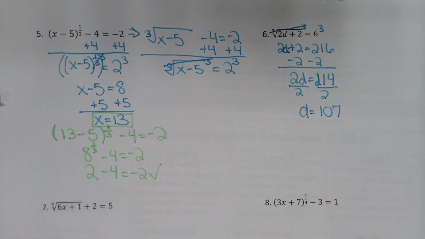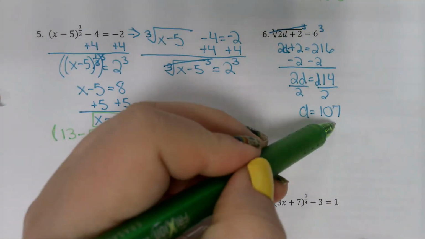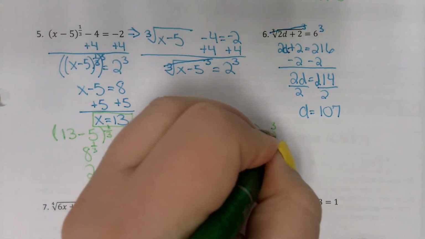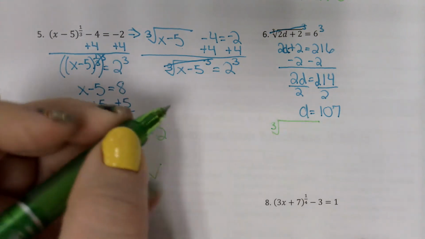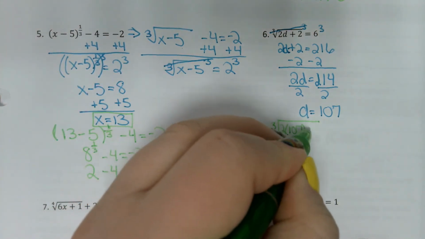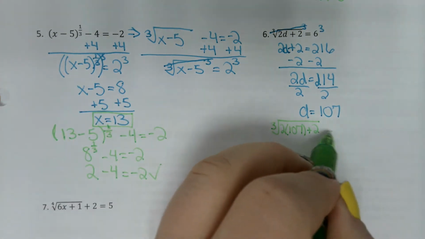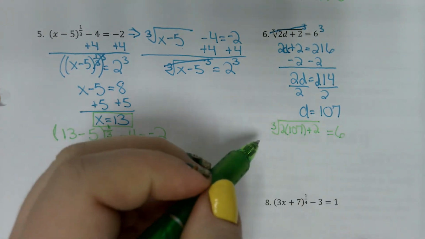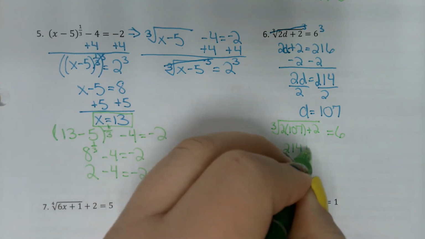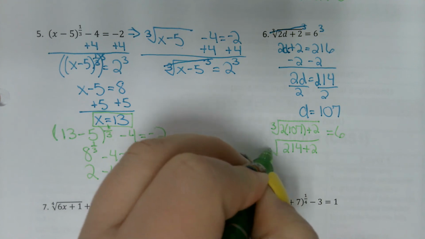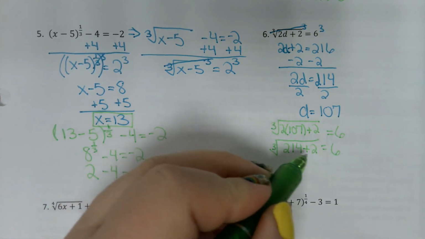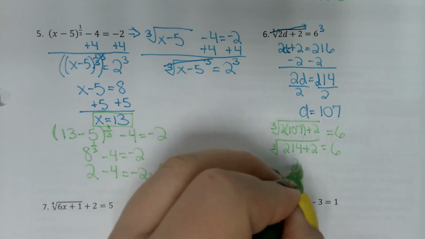To check to see if that is extraneous, we'll take 107 and put it back into d. 2 times 107 plus 2 equals 6. 107 times 2 gives me 214. 214 plus 2 is 216.